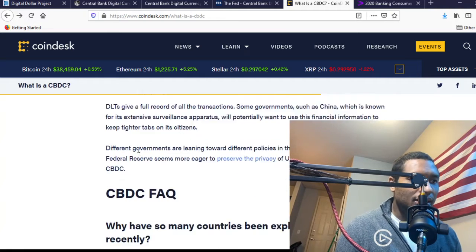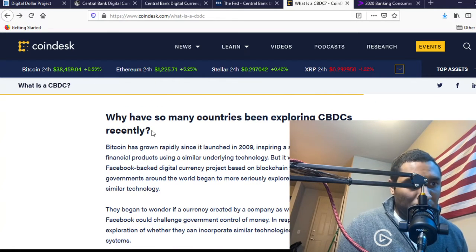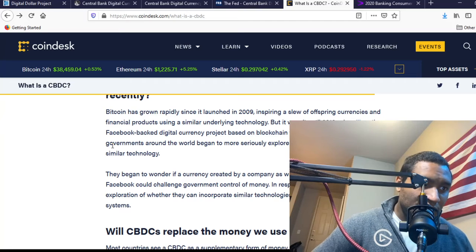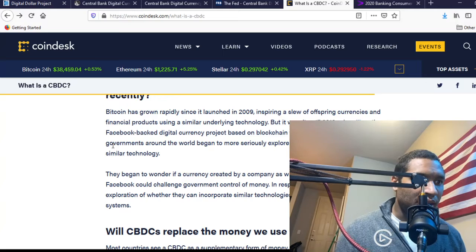So that's another thing. So why have so many countries been exploring CBDCs recently? Bitcoin has grown rapidly since it launched in 2009, inspiring a slew of offspring currencies and financial products using similar underlying technology.